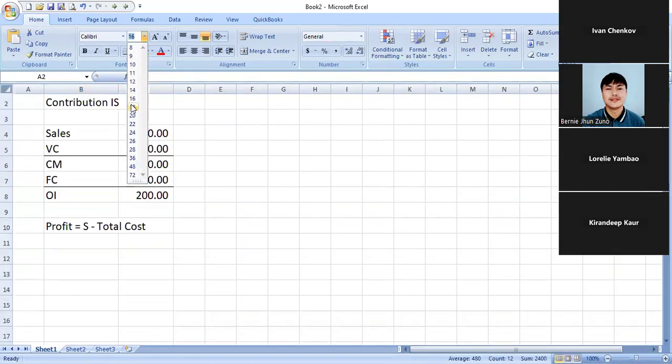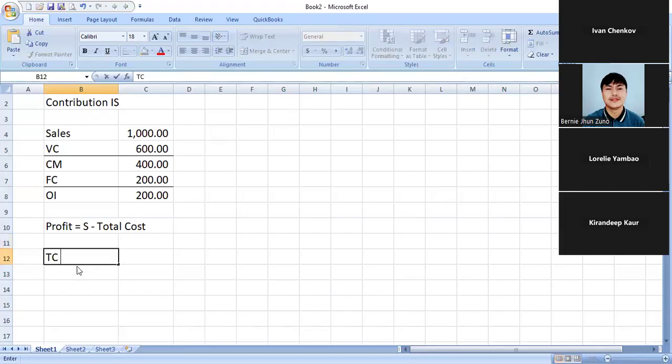Yeah. Okay. But what we can see here is that the total cost is equal to what? Which costs are included in the total cost? We have the variable cost and we have a fixed cost. That's our total cost.